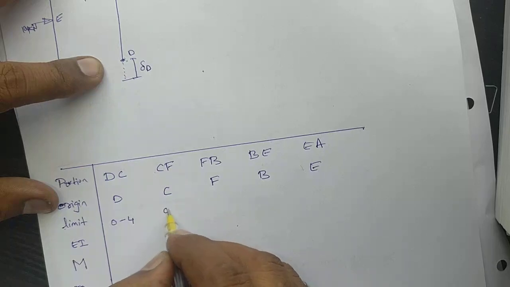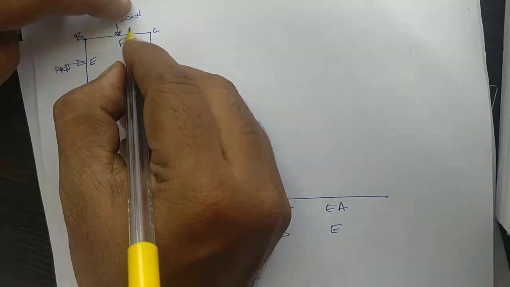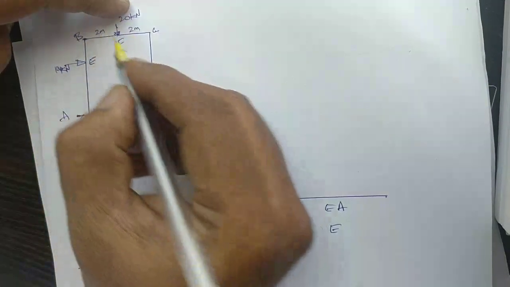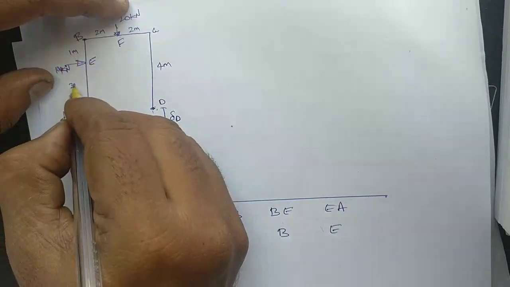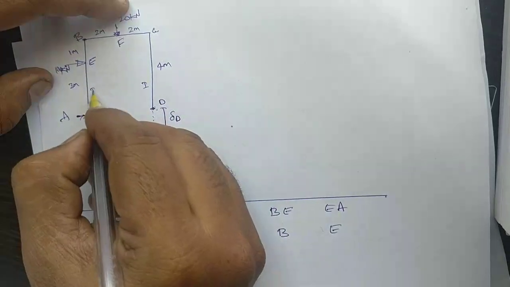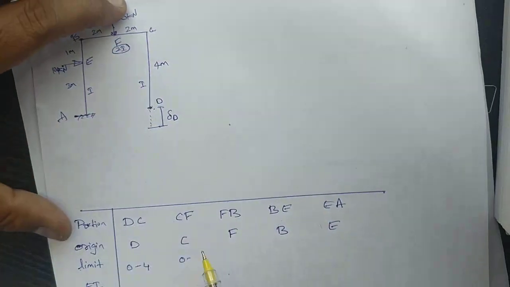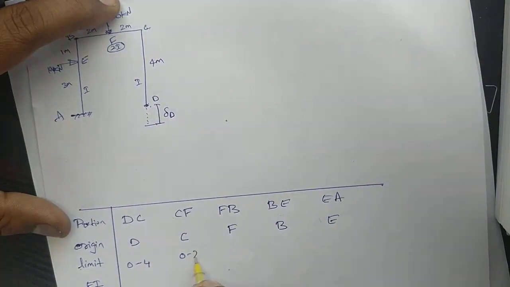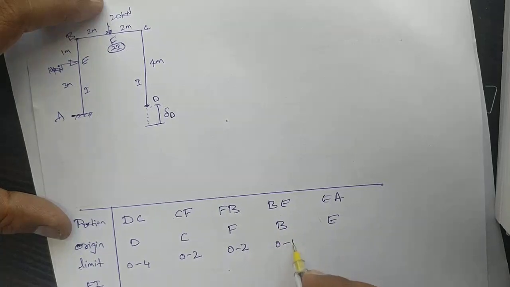And CF it is 0 to 2 meters. This is 2 meters. This is 4 meters. 1 meter. 3 meters. And you have this as I, and for the beam it is 2I. CF it is 0 to 2, and again FB is 0 to 2, and BE is 0 to 1, and EA is 0 to 3.